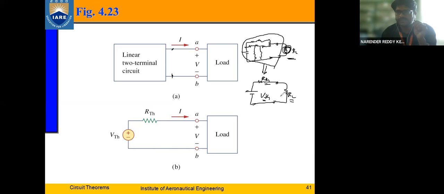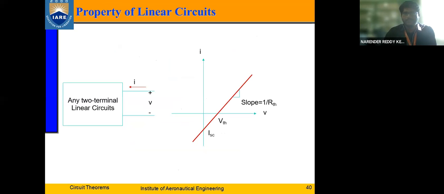If I want to find VTH, I find it across these two terminals where the load was connected. Am I clear? So let us solve some problems for this and we'll come to know. But before that, let us see for which circuits we can apply it.